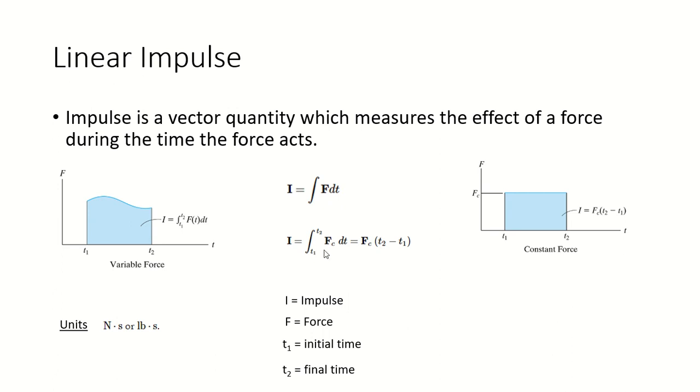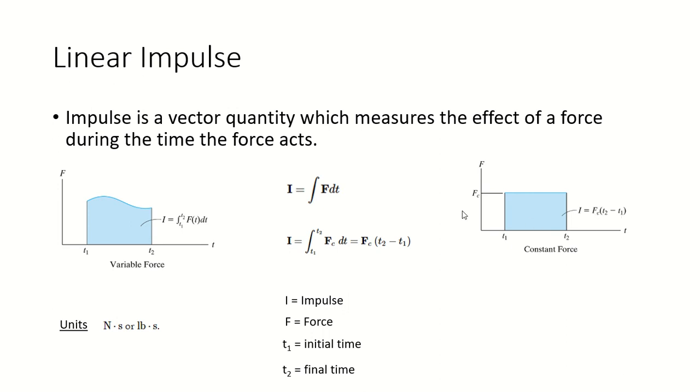Even though we skip calculus, you still have to know the change in time, from time 1 all the way to time 2, and then you have your force. The subscript C means we're talking about the constant force, with time going from T1 to T2 in that interval, and your impulse is that.